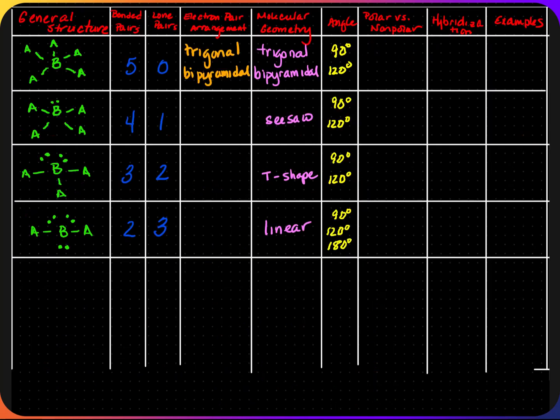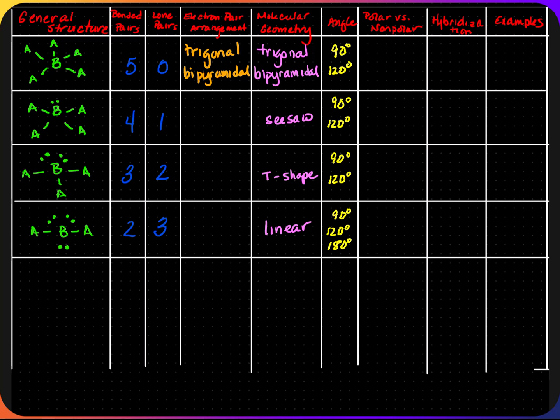So all the structures we just did are all trigonal bipyramidal because the electron pair arrangement, if I add the bonded and lone pairs, they add up to 5. Remember, electron pair arrangement does not account for lone pairs. However, the molecular geometry will change.